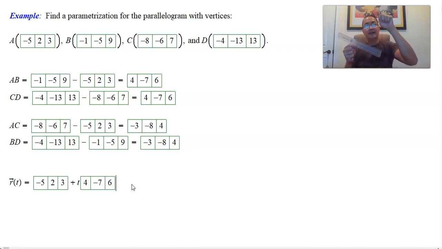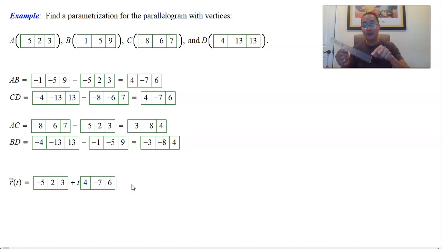You add the vector from A to C. Except that will make you land not on the opposite corner, but rather the adjacent corner to A, which is C. But I want every point in between. And that should sound familiar, because remember when we were drawing those fancy surfaces, I said think in vectors.